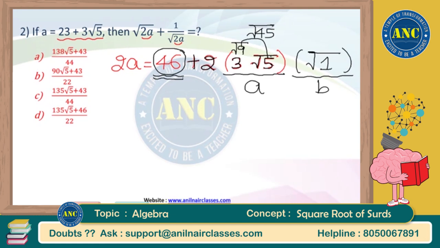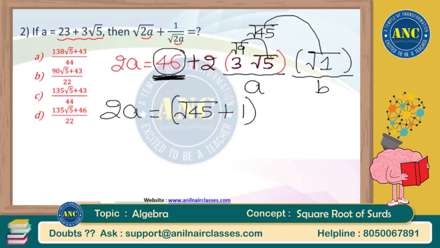That means a value is root 45, or in other language 3 root 5, both are the same. The b value is root 1. If I add these two, 45 plus 1, I directly get 46. That means I can directly write this as (root 45 plus root 1) whole square. I hope I am making sense. Root 45 is nothing but 3 root 5, so it is (3 root 5 plus 1) whole square.